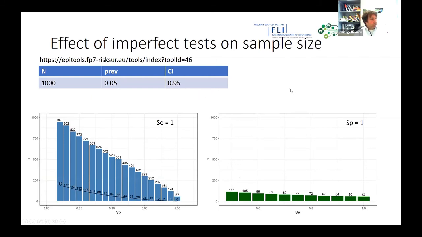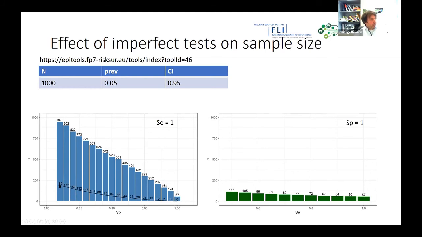So what I did is I fixed the sensitivity here, and you can see with a different specificity from 83 to 100, the sample size for a population of 1,000 is increasing rapidly.